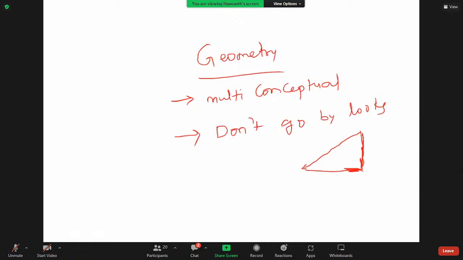For us to consider it as a right angle triangle, he should have given some information in the question, like one of the angles is 90 degrees. Or in the figure, he would use this symbol, which is used to denote a right angle. In the presence of this symbol, you can say this is a right angle triangle. But in the absence of this or any other information in the question, we can only say that ABC is a triangle. So we cannot go by the looks of the figure, and we cannot make any assumptions.